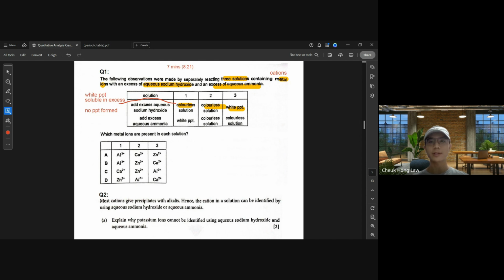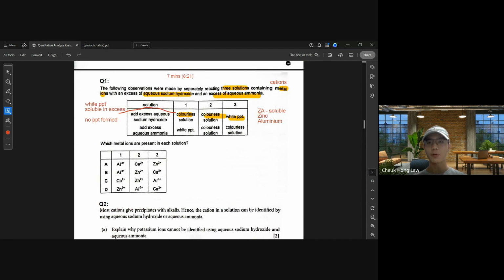For sodium hydroxide, remember ZA will be soluble. Z is zinc, A is aluminium. So 1 and 2 can be either zinc or aluminium for now. Then number 3 is a white precipitate. If it just says white precipitate, I already know that it's insoluble in excess, because you added excess sodium hydroxide but still have a white precipitate.